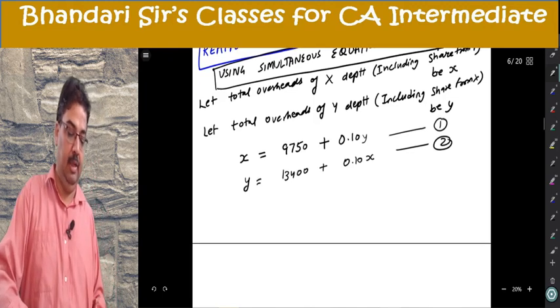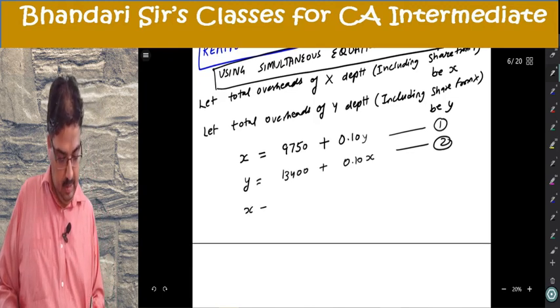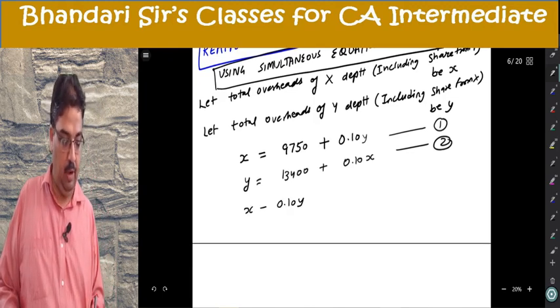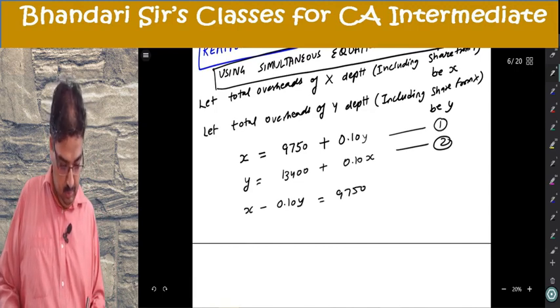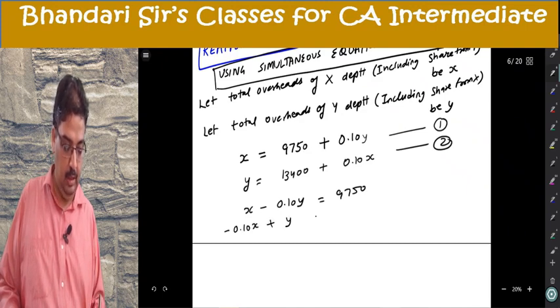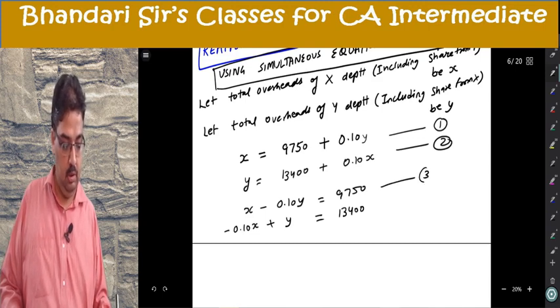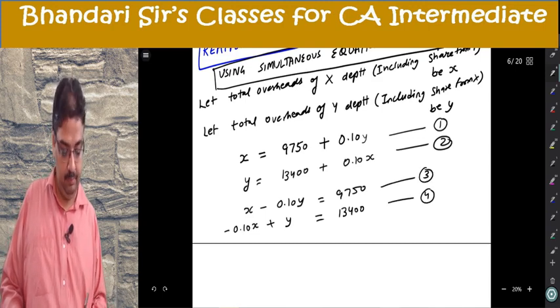Let us simplify them. X minus 0.10Y is equal to 9750. Minus 0.10X plus Y is equal to 13,400. This is 3, this is 4.